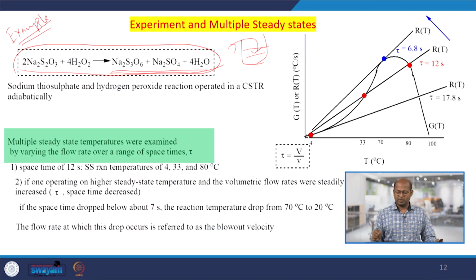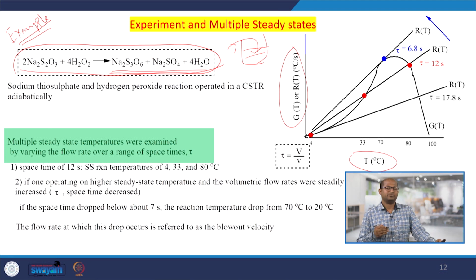This is one example, and here heat generation and heat removal are plotted against temperature. We will observe the multiple steady states, and if the feed volumetric flow rate or space time is decreased, what would happen inside the reactor, that is, how the steady state temperature will change from one point to another.